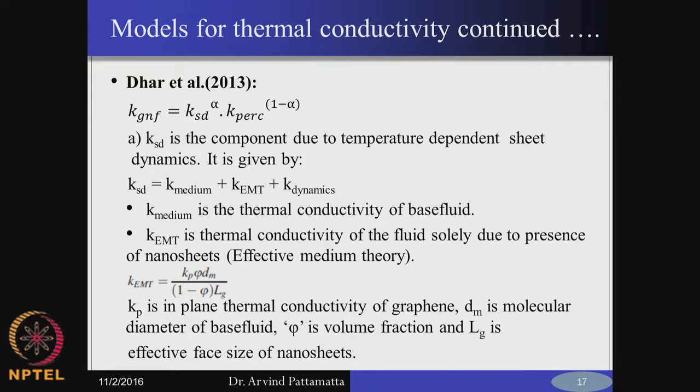For purely spherical nanoparticles like alumina, copper, metallic nanoparticles, we put alpha equal to 1, so a pure Brownian component. So, this is a very comprehensive model, which accounts for an explanation of why and how the thermal conductivity increases with temperature and with volume fraction, not only for one type of nanoparticle, but for different shapes of nanoparticles.